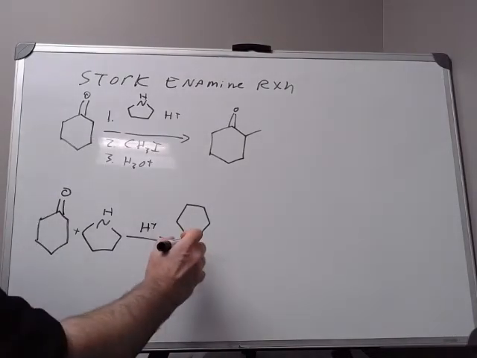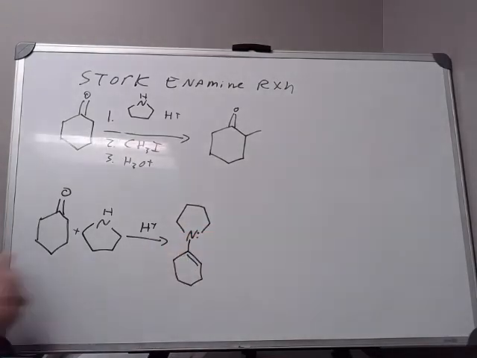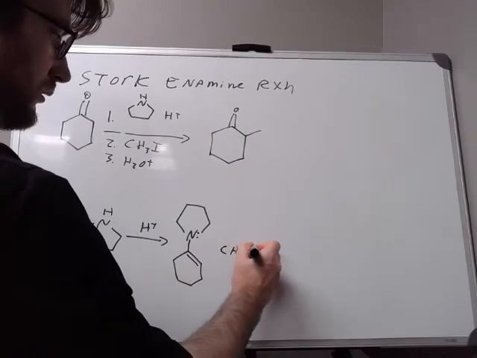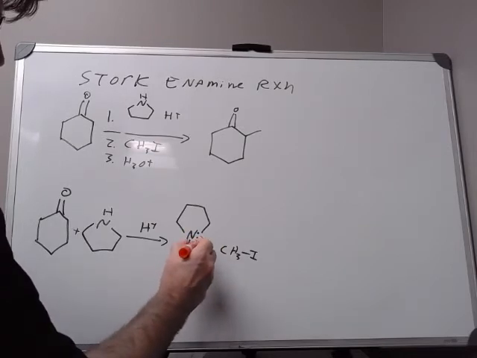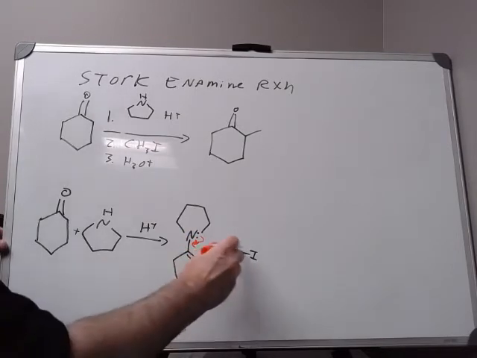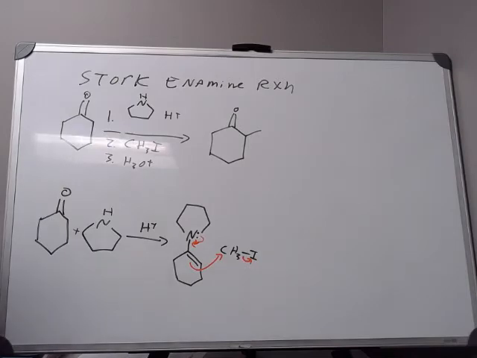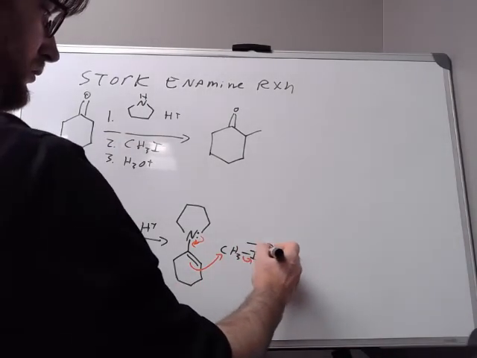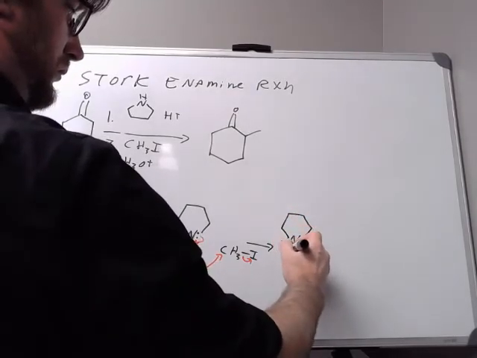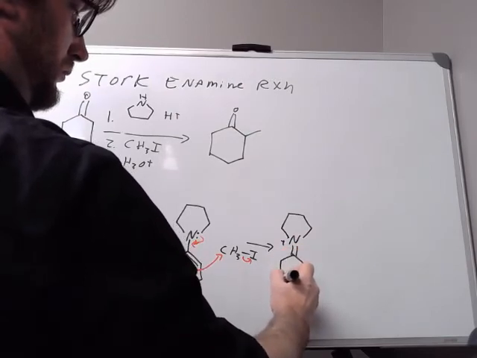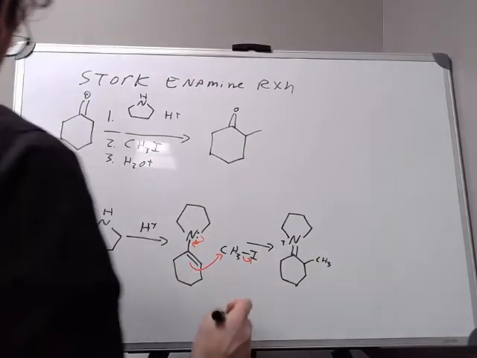And then the electrons from this nitrogen can come down, and we can kick the electrons from this double bond up to attack this methyl iodide, kick the electrons over to the iodine through an SN2 reaction, producing this compound.